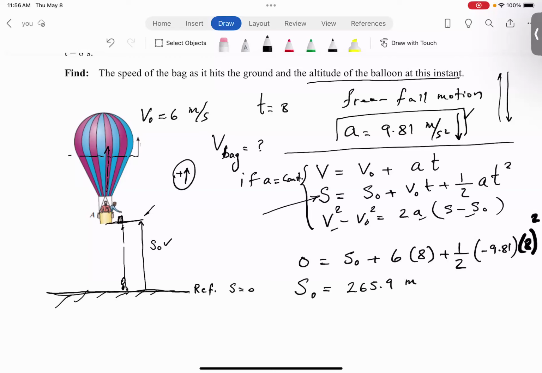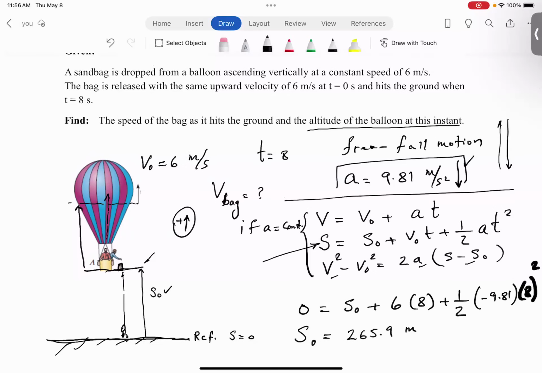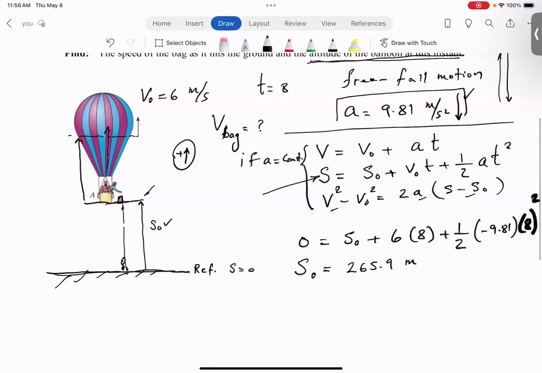Now, keep in mind that this guy in that 8 seconds has moved up, because the problem wants you to find the altitude of the balloon at this instant, not the distance between where you dropped the sandbag and where it hits the ground. So what happens in 8 seconds, since this is a constant velocity of 6 meters per second, you don't even need the subscript 0, V0.